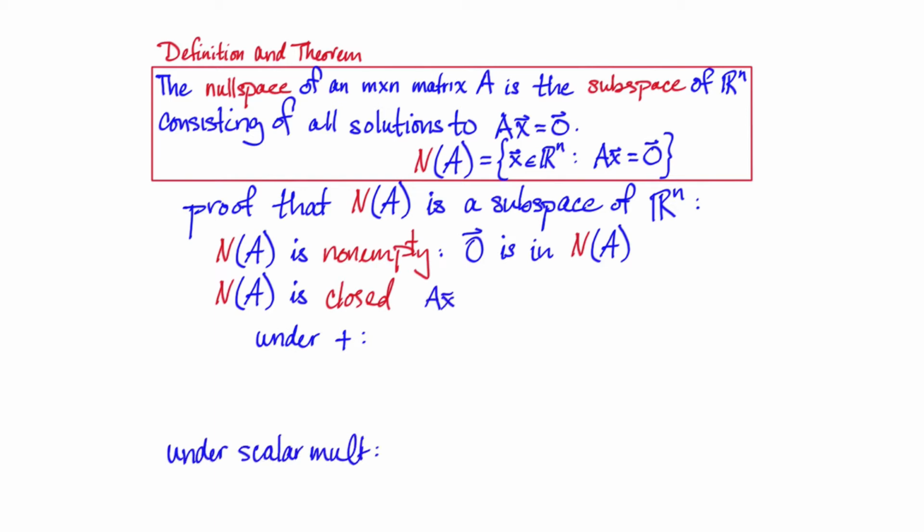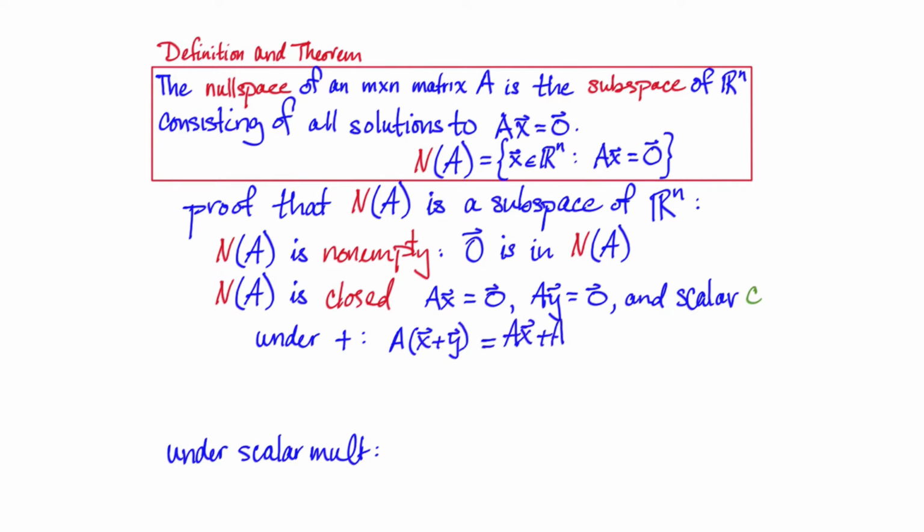Let's suppose that x and y are two vectors that are in the null space. So we know Ax equals 0 and Ay equals 0. And suppose c is any scalar. So if we add x plus y and multiply that new vector by A, well, the distributive property says it's A times x plus A times y. Well, that's just the zero vector plus the zero vector, which is the zero vector. So it's closed under addition.